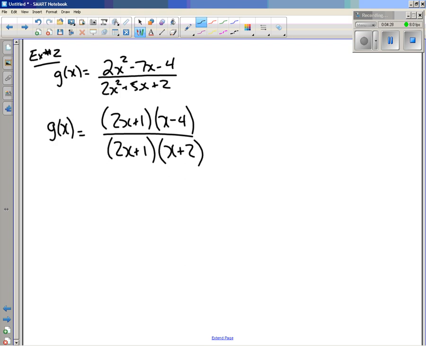So looking at that equation, what do we know from this equation? Okay, so right now from here, we have our restrictions that x can't equal -2 and x can't equal -1/2.